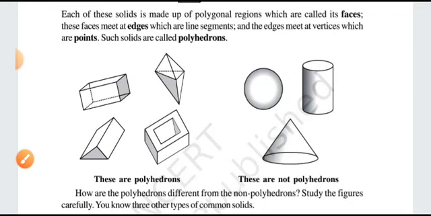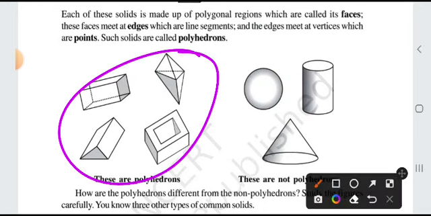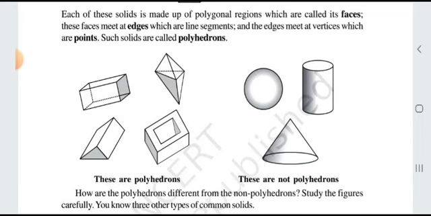So these all are polyhedrons because their faces are made up of triangles, squares, rectangles, and pentagons. So we can say this kind of solid objects will be polyhedrons, but in this case these are not polyhedrons.